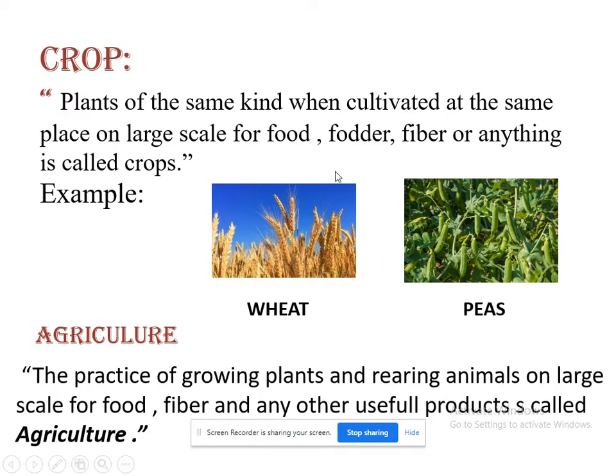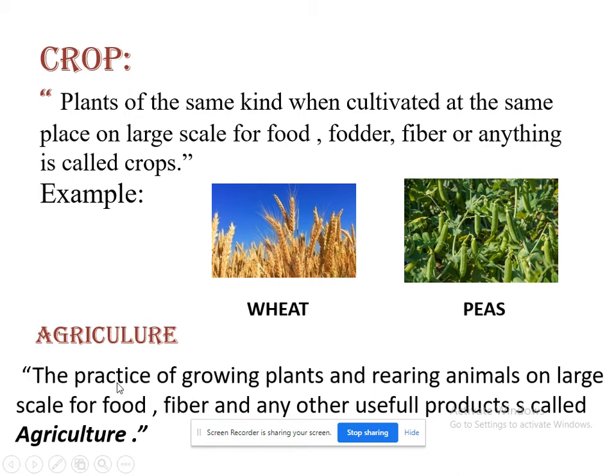When we cultivate or grow wheat plants on a large land, that is called crops. Another example we can see here is peas. Here you see all the plants are only pea crops, which we are growing on a large scale. That is what is called crops.